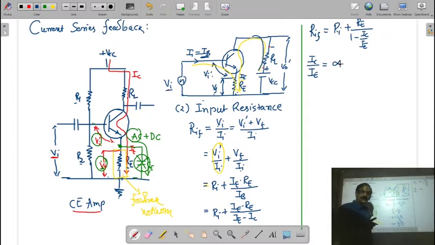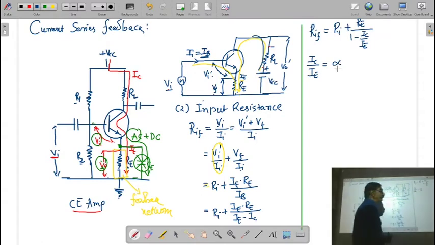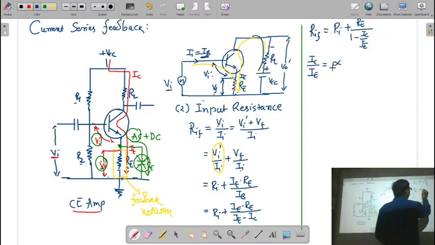Remember, it is the common emitter amplifier current gain. So here IC by IE is alpha, and we want to represent it in terms of HFE and HIE. Remember, normally in whatever analysis we are doing, we use H parameters. So this alpha is nothing but here it is known as HFB.